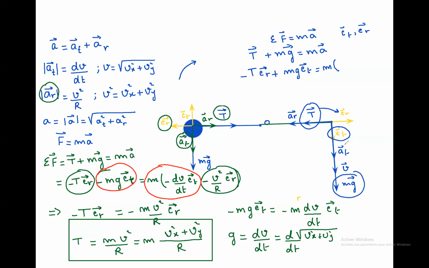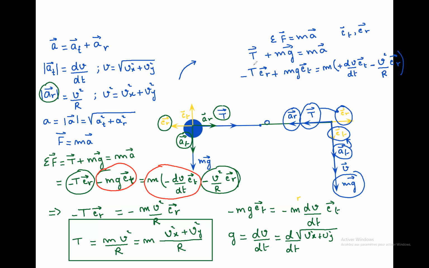A tangent has the same direction with et. So we write the magnitude of a tangent, which is equal to dv divided by dt, with the direction of et. And ar is opposite to er. So plus the magnitude of ar equal v squared divided by r in the negative direction with er.